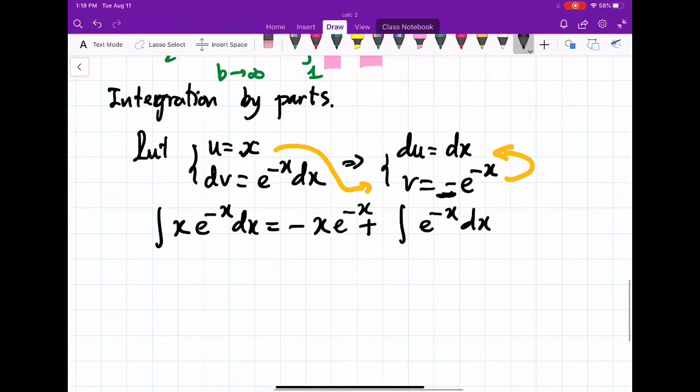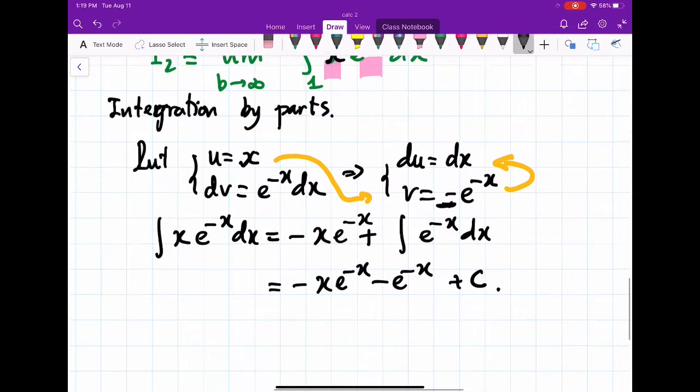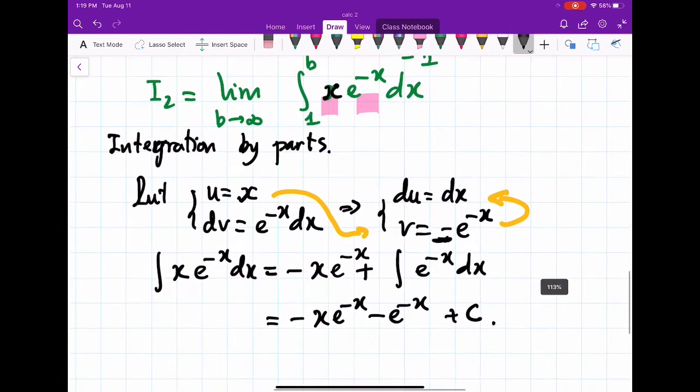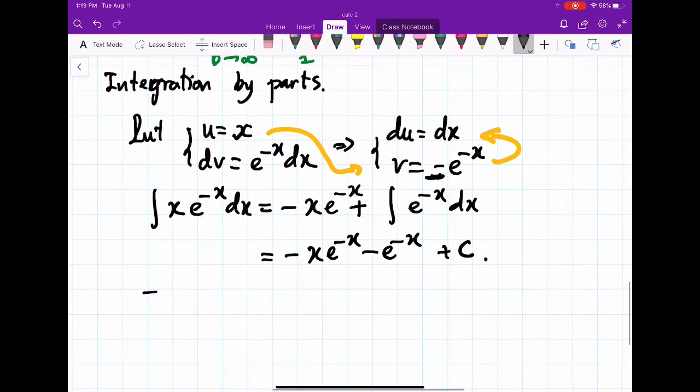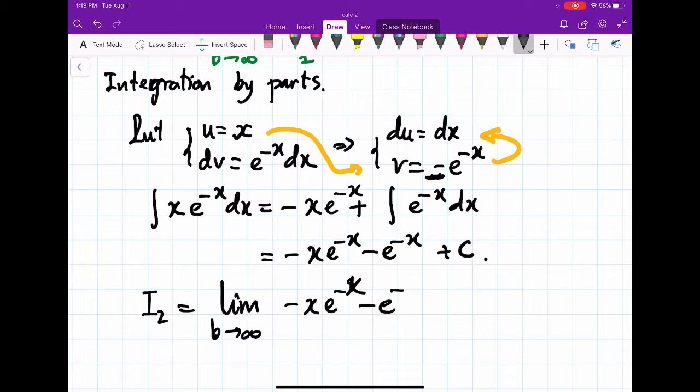So you can write negative x e to negative x minus e to negative x plus c. So that is the antiderivative. Now you can evaluate the integral from 1 to b. Then I2 is the limit when b approaches infinity of negative x e to negative x minus e to negative x, evaluated from 1 to b.